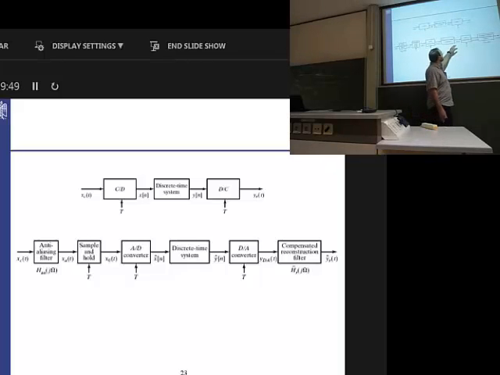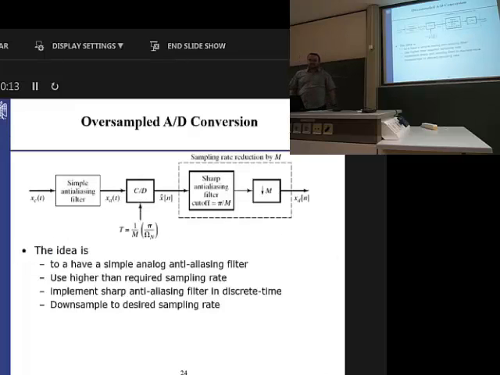In the end, you pass the output to the D to A converter, and you have a filter in the end, which corresponds to the D to C converter. As I told you, the reconstruction filter is here. That's what you have in reality, in practice. So we talked about the anti-aliasing filter.